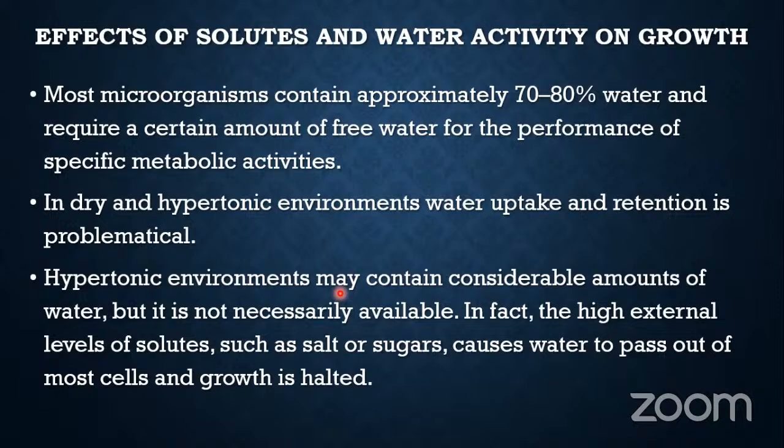So we have what is called a hypertonic environment, which allows a change in the water concentration between the environment and the microbial cells. In this process, water uptake and retention is difficult because the environment is different. So also is hypotonic. The hypotonic environment may contain a considerable amount of water, but it is not going to be available for the organism.